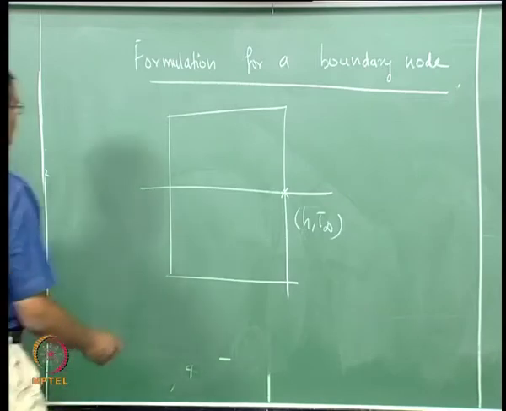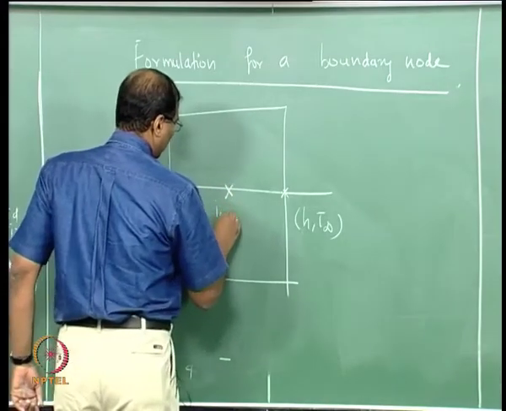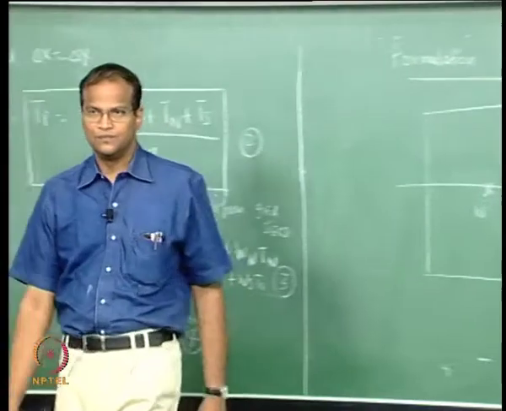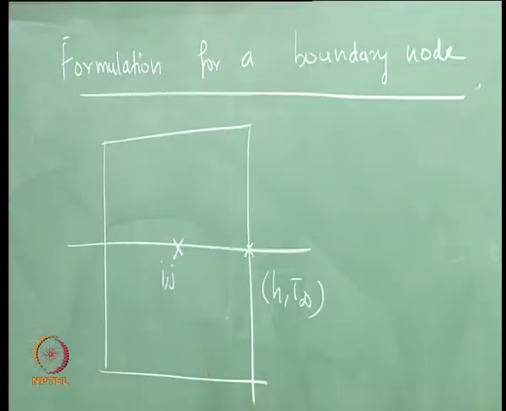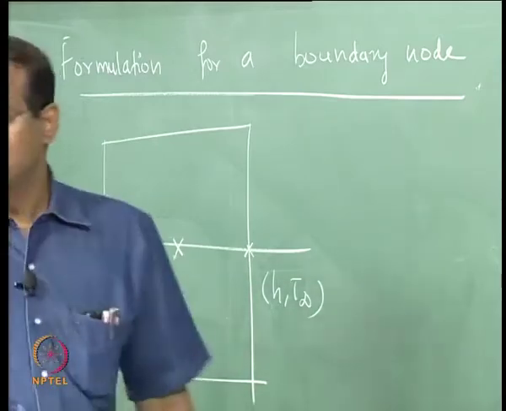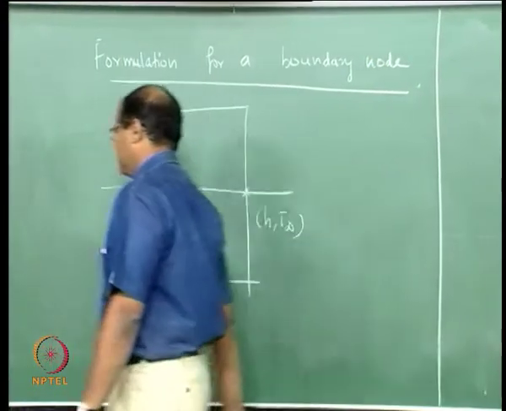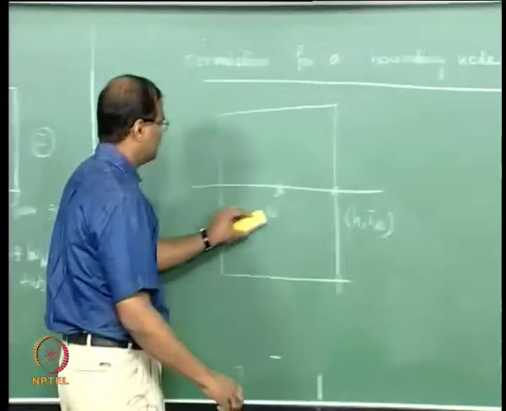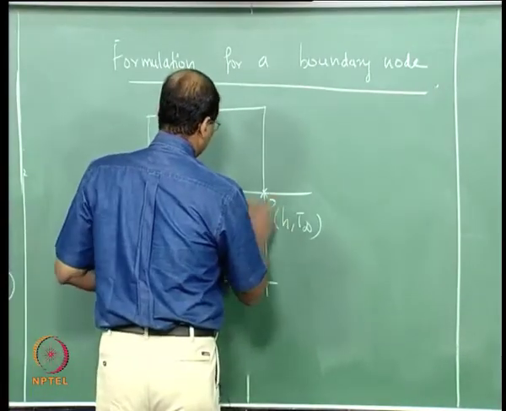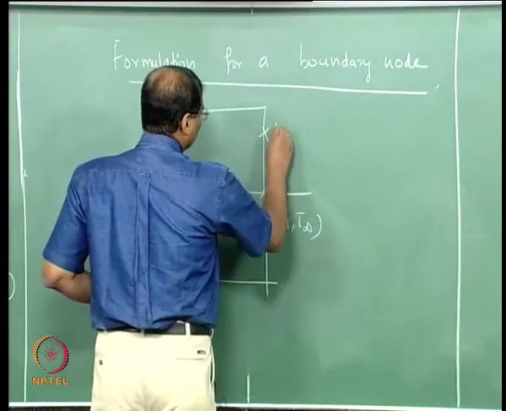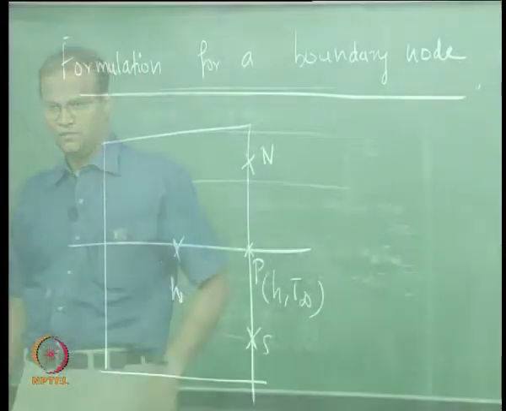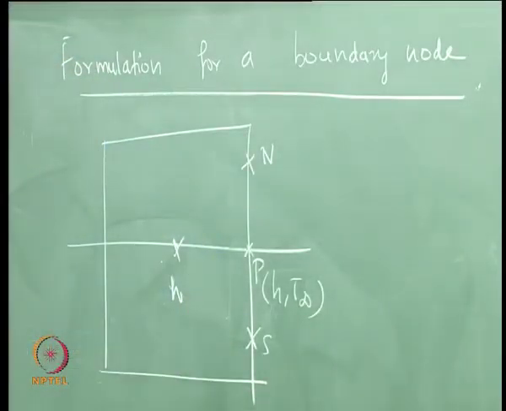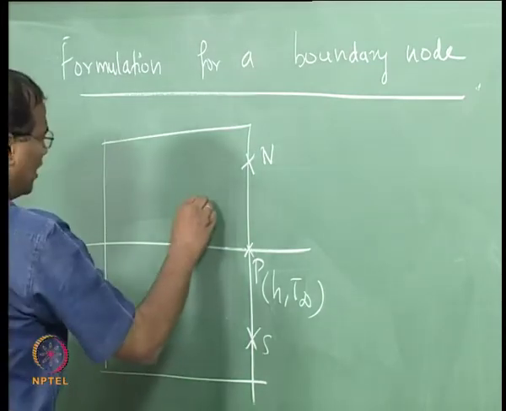You have your ij here. How do you think we can solve this? Your ij is here, and P, west, all are there except the east. East is gone. Now you can develop a half control volume.